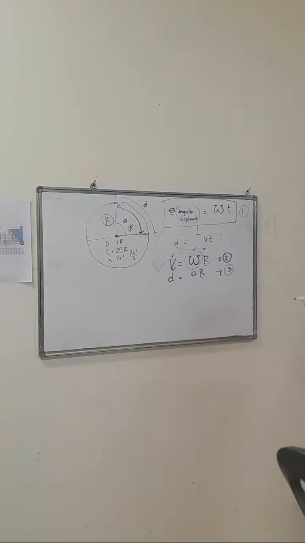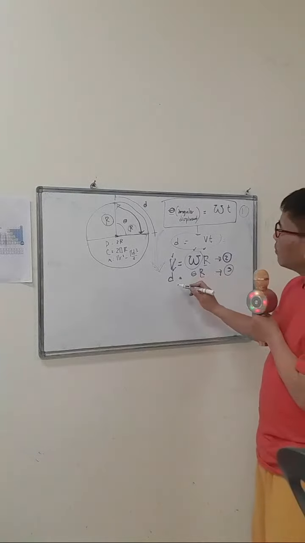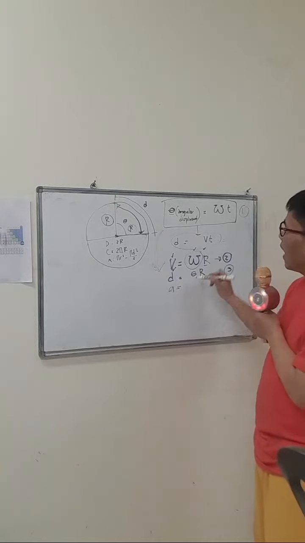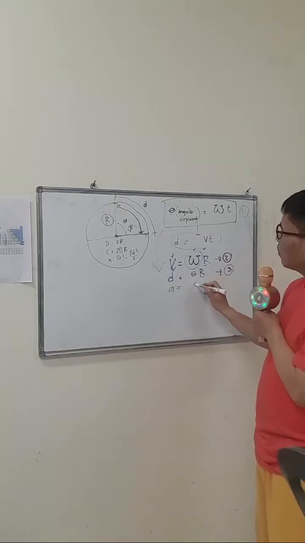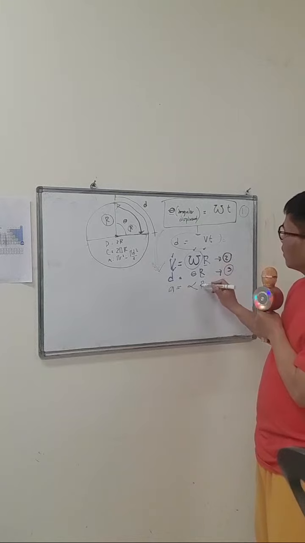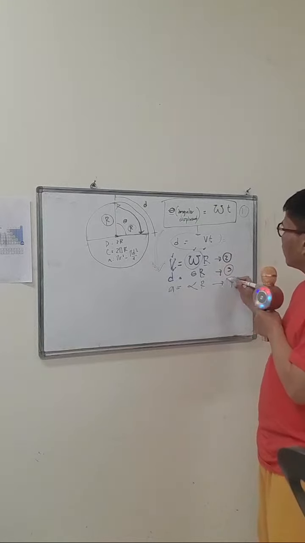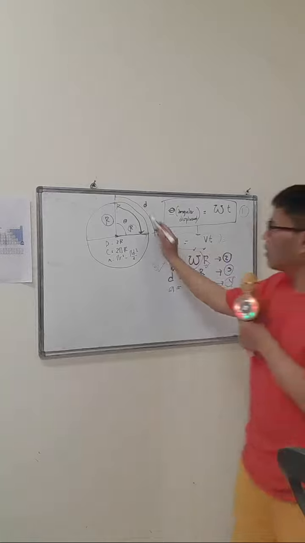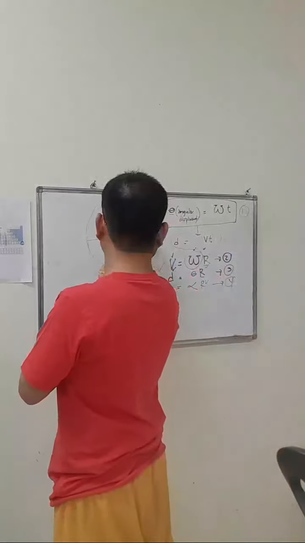So, linear velocity, linear displacement, and the other one is the linear acceleration. Linear acceleration is equal to the angular acceleration times the r. Things like this you can easily memorize because what you multiply by is always the r in your angular, circular shape.